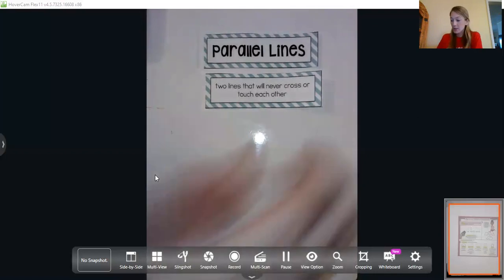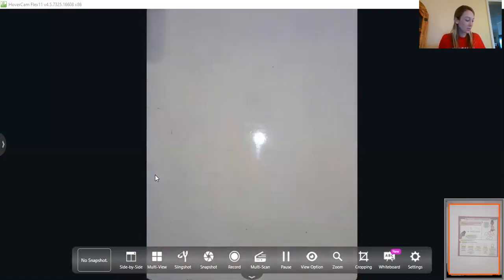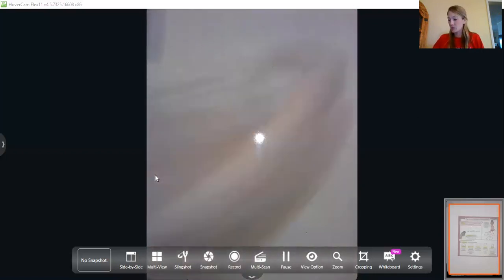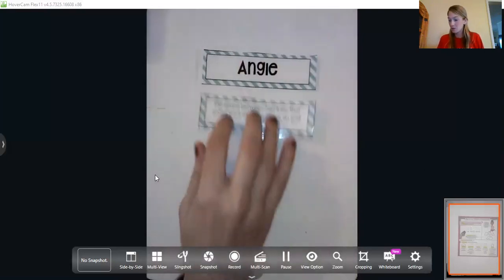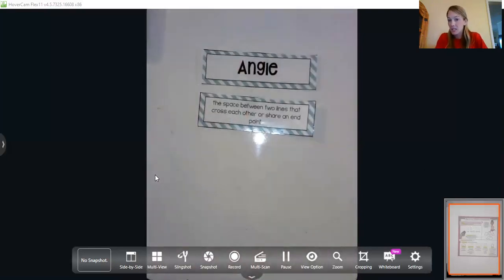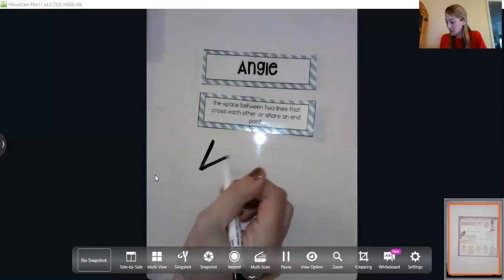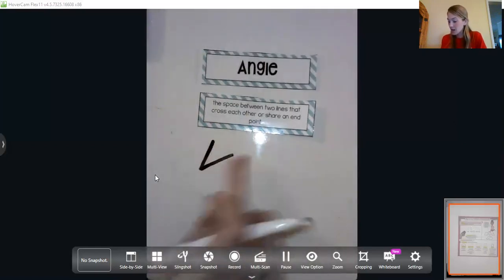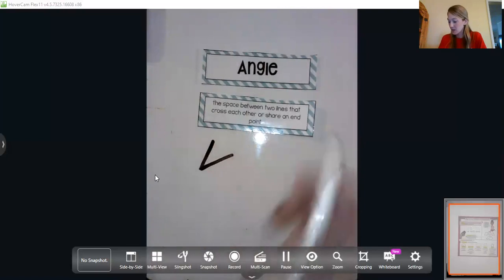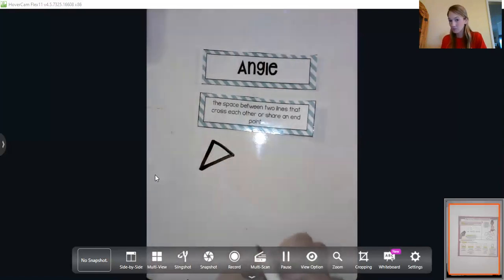Okay. Something else you need to know is what an angle is. We've talked about angles before. An angle is the space between 2 lines that cross each other or share an endpoint. So we've talked about different types of angles, but in a shape, anytime there's 2 lines, like here's a triangle.